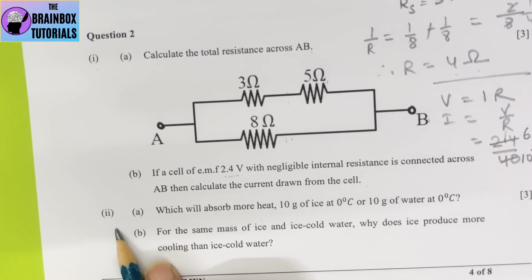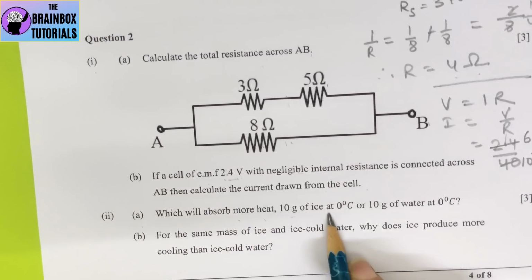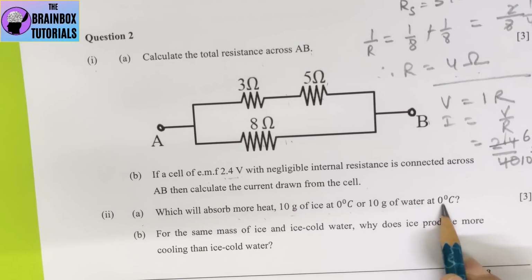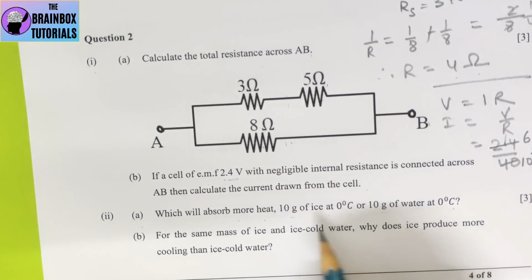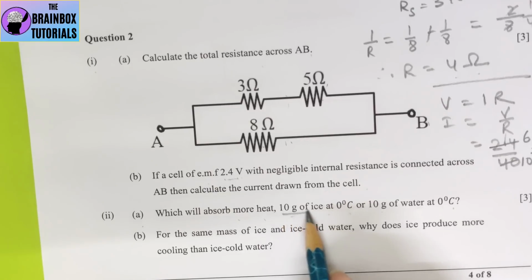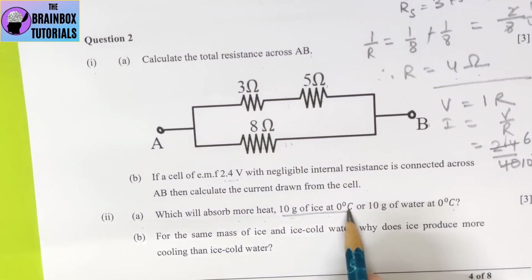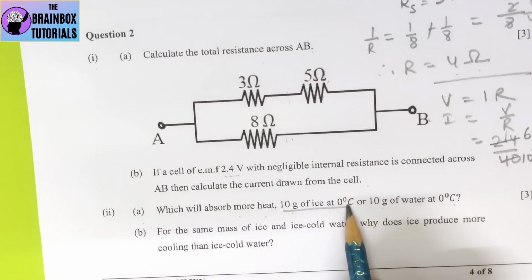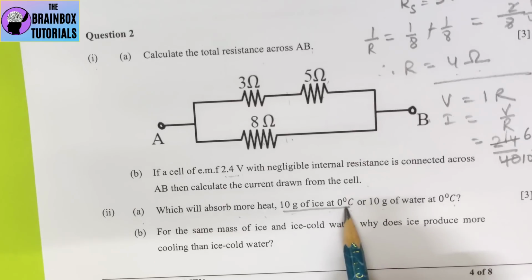Now part 2. Number A, which will absorb more heat? 10 gram of ice at 0 degree centigrade or 10 gram of water at 0 degree centigrade. So the correct option will be 10 gram of ice at 0 degree centigrade will absorb more heat, because the heat energy is used here to increase the molecular separation between the molecules of ice.